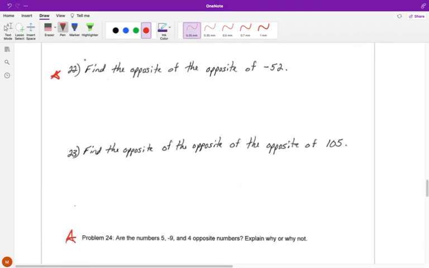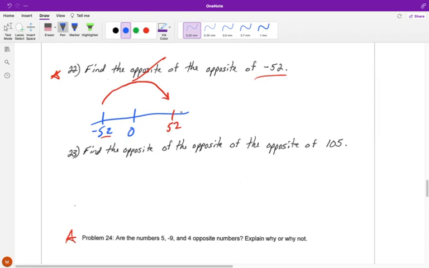For this one, there's really not work that you have to show, but you can do this just for your own benefit. So from here, I know we're starting at negative 52, and we're taking the opposite of it. So when we take the opposite, it's what number is the same distance from 0, so I'm jumping to the opposite side of the number line. So when I do this first one, I'm at positive 52.